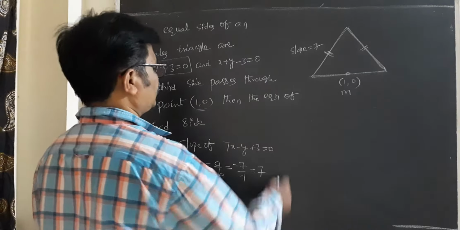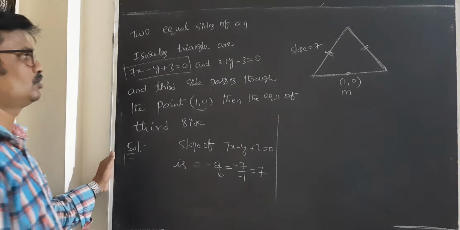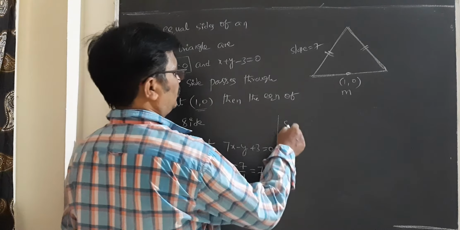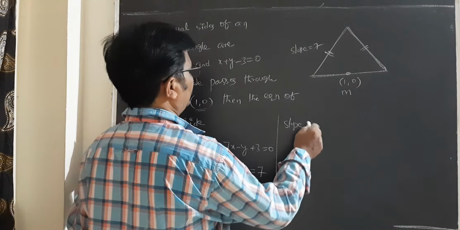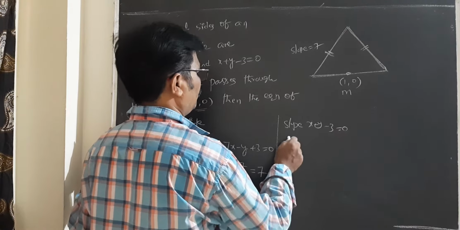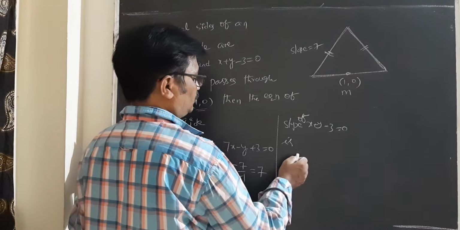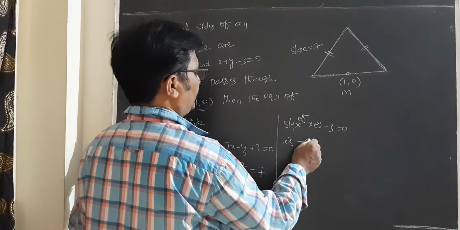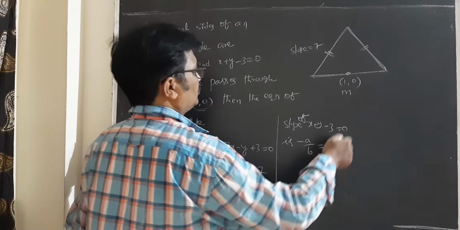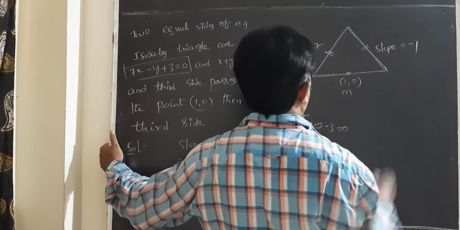Now the slope of the second line, x plus y minus 3 equal to 0, is minus a by b. This is minus 1. The slope is minus 1.